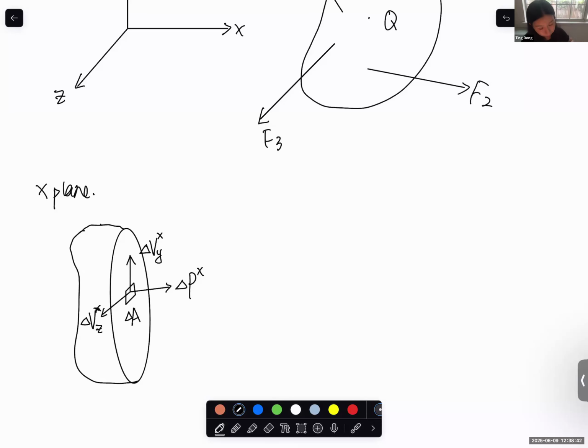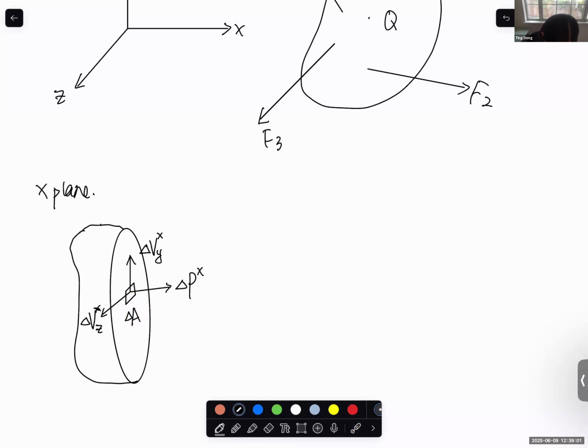So for finding the stress component at this point, we just need to take a limit. When this delta A approaches 0, it converges to a point, and that becomes the stress at that point.